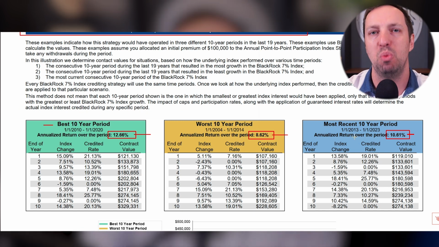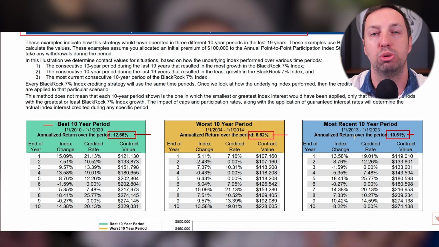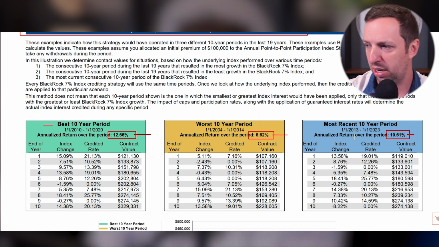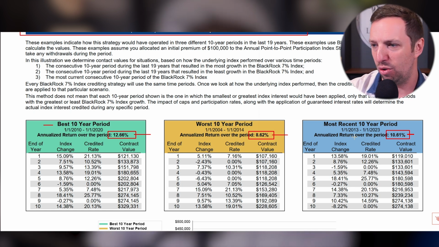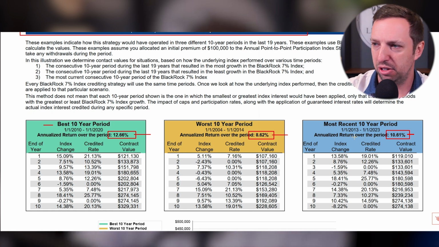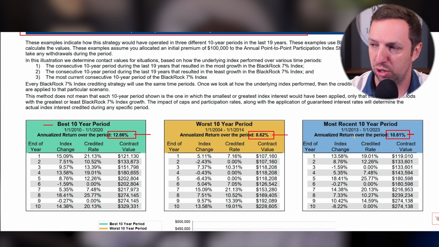There's almost no way because, again, it's a fixed product. And that would be like cheating the whole system. If you could only invest half your money and all of your money could average near a 9 or 12 or 13% rate of return, it just goes to show you that there's not a whole lot of validity to these numbers, especially in a rising interest rate environment. So that's the BlackRock index.